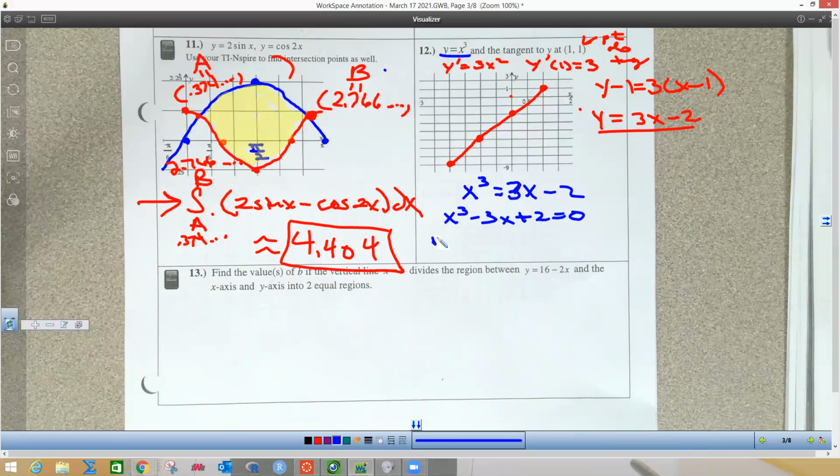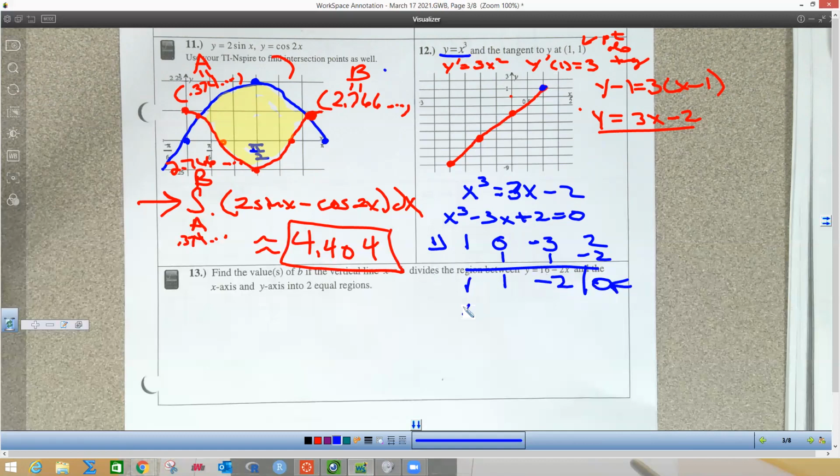So we're going to do synthetic division. I'm going to put 1 here. And then I'm going to do synthetic division where I write down the coefficients of the equation. And I bring that first number straight down. I take 1 times 1, put it under here, add these together. 1 times 1, put it under here, add these together. 1 times negative 2 is negative 2. And as long as I get a 0 right there, that tells me that is a 0, which I already knew from up here. So this point is on both the cubic and on this.